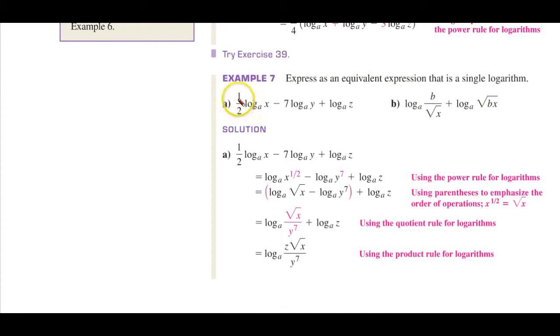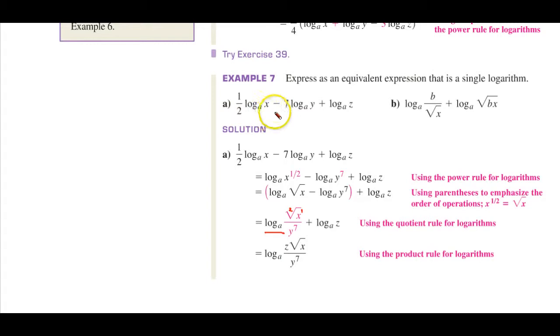This is going to be a radical, the square root. Okay? So we have log A. We know this is going to be, because of 1/2, the square root of x. Remember, there's a 2 there and a 1 there. When we convert that to its fractional form, that's where we get the 1/2. Okay?